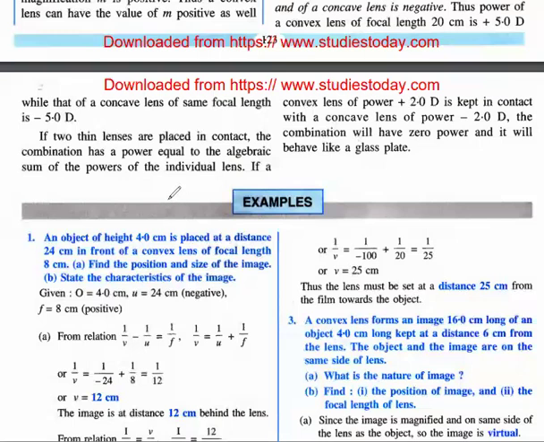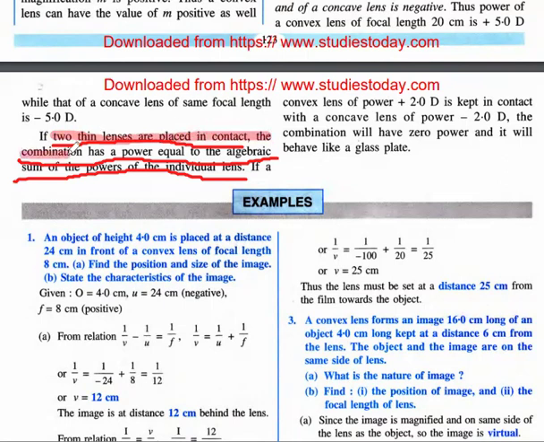Then we have this. If two thin lenses are placed in contact, the combination has a power equal to the algebraic sum of the powers of the individual lenses. Important. Again, highlight this. I will also highlight it with you guys. If two thin lenses are placed in contact, the combination has a power equal to the algebraic sum of the powers of the individual lenses.